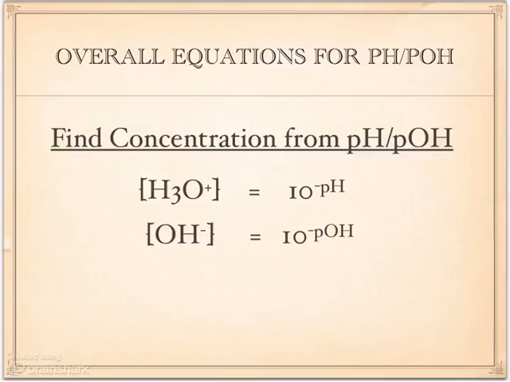And if you're looking for OH, it's going to be 10 to the negative pOH power. So again, if you're given pH, you're going to be left with H3O plus. If you're given pOH, you're going to be left with OH. So it goes along together.